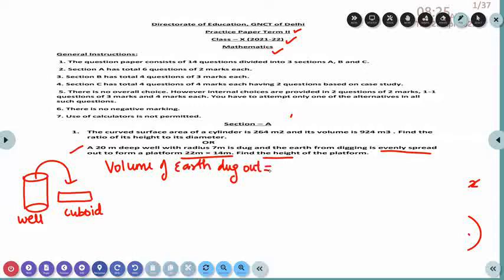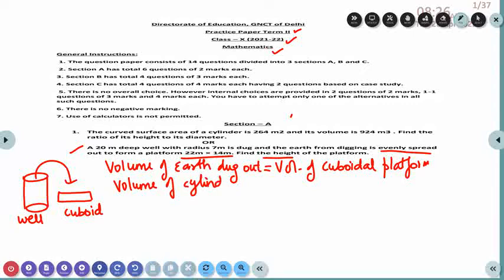And what is the volume of this earth dug out? This well is in the shape of cylinder. So we can simply write that volume of cylinder will be equal to volume of cuboidal platform.